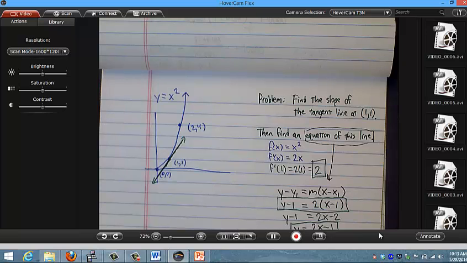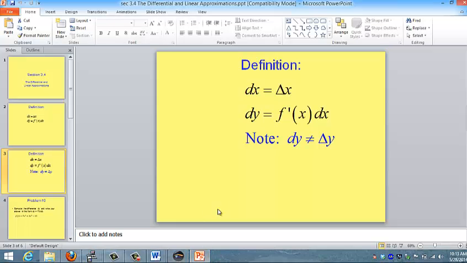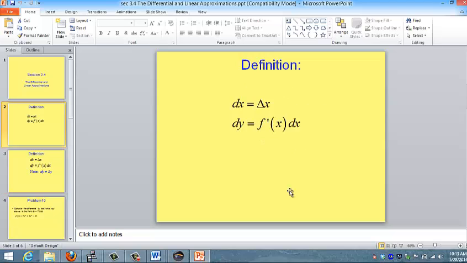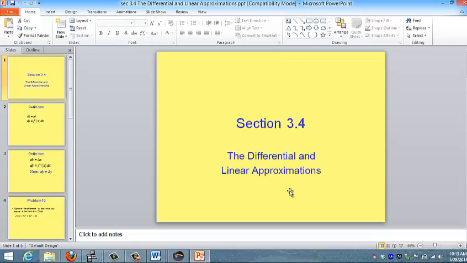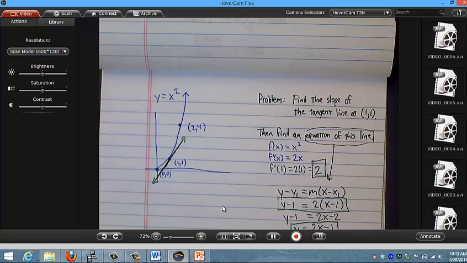Guys with me? Okay. So here's the game. I need to explain what I mean by a differential. And I want to point out that the title of this section was the differential and linear approximations. We're going to approximate functions by lines. So if I go back to my picture, you see this curve and you see this line.